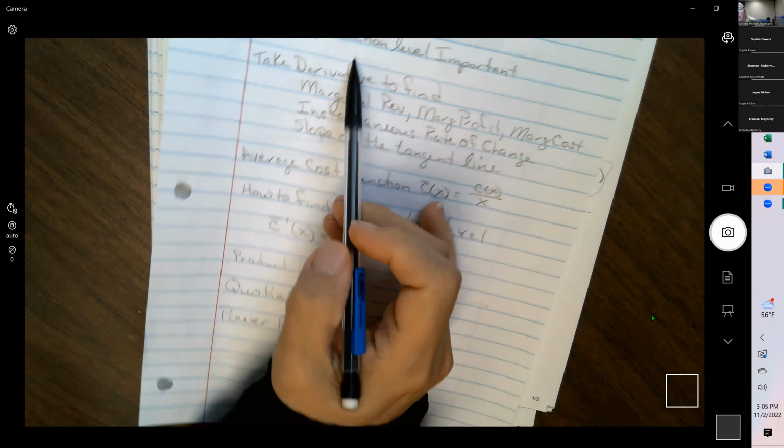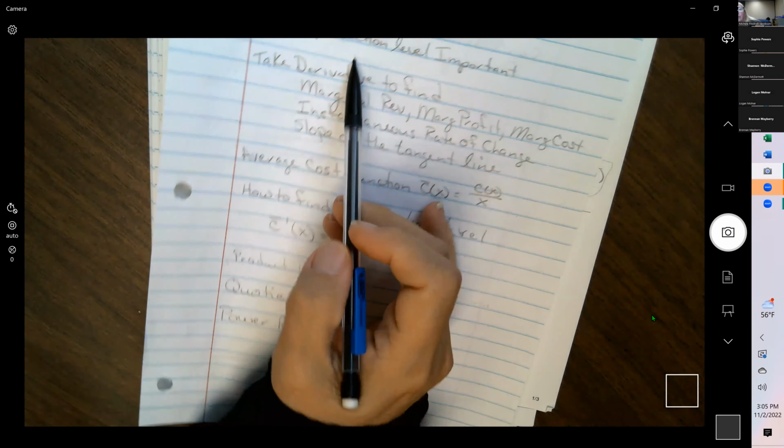One of the problems, you have to find the production level. Number 6. So you have to find the production level. The production level is from the average cost function.